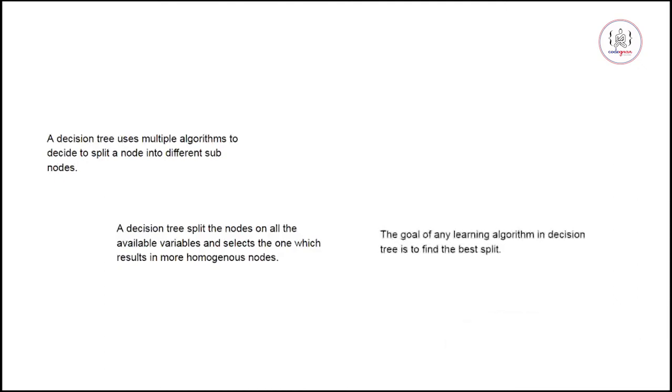So the goal of any learning algorithm in a decision tree is to find the best split. There are two algorithms that we mostly use, which are Gini and entropy. In this video we'll talk about how we decide our split based on Gini, and in a future video we'll talk about entropy.